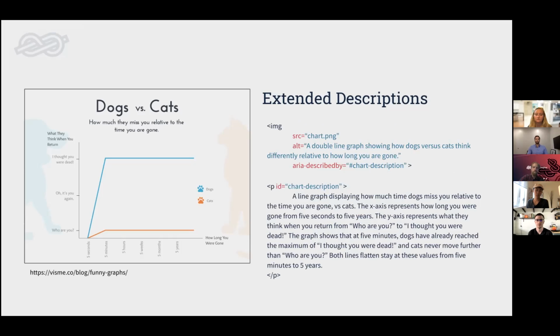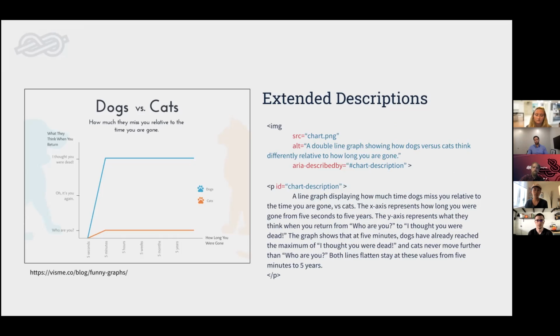Going into an example. This is a little more dev focused, but here's an example of the code you would write for it. We have an image, we have a source tag, we have our alt tag, which is still filled and describes that there is a chart and covers the variables, just saying how it's comparing the relations.